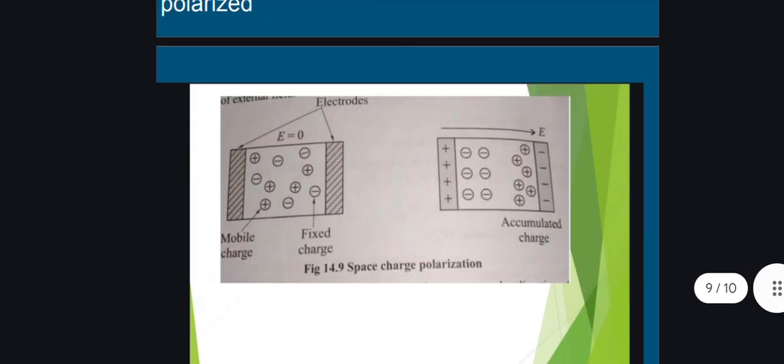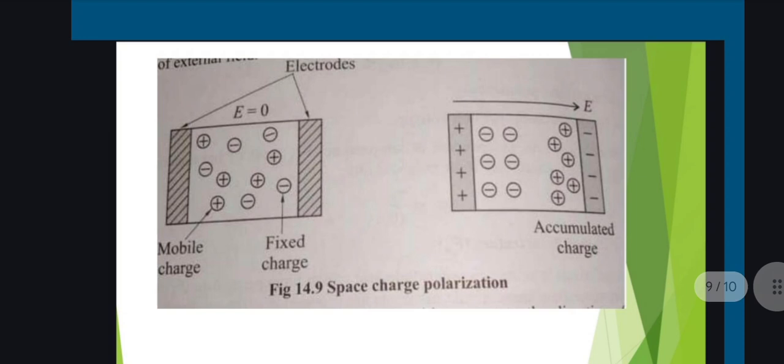After that, there's space charge polarization. You can see in this picture a representation of space charge polarization in which there are some mobile charge and fixed charge. In the first image, we can see the position of the electrodes without applying external electric field.